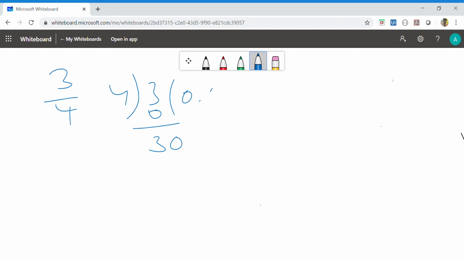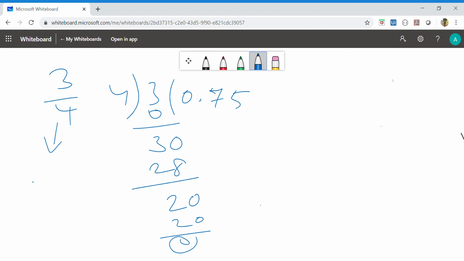Then 4, 7s are 28, and 2 remains, 20. 5s are 20. So 3 by 4 whose denominator is in the form of 2 square into 5 to the power of 0, that means 2 to the power of n into 5 to the power of m form, then whose decimal expansion is terminating, 0.75.